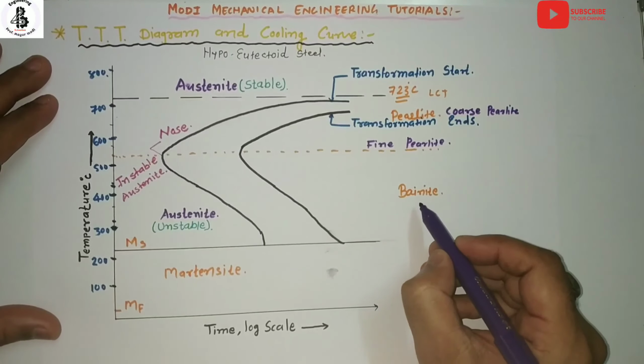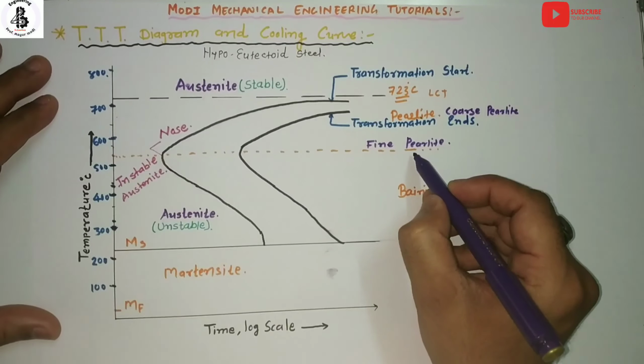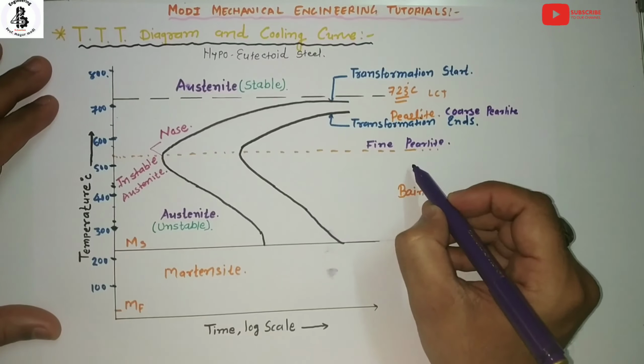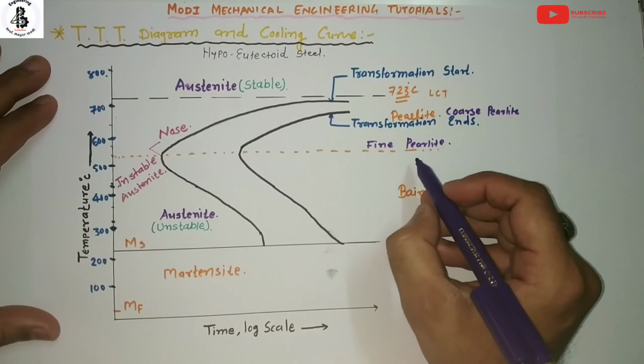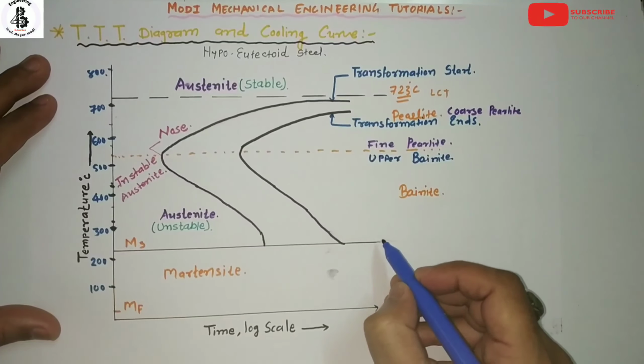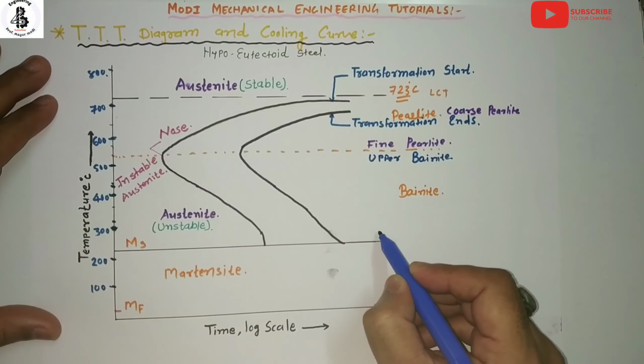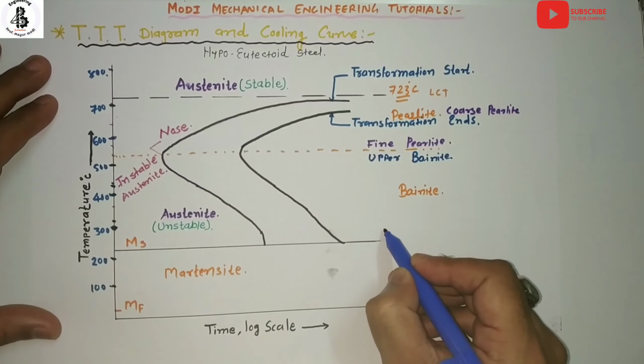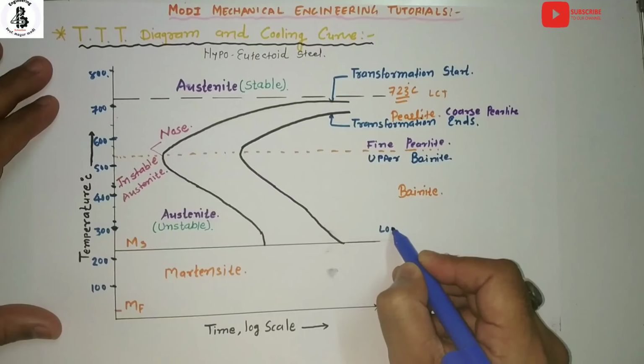Similarly for the bainitic regions, just below 550 degrees centigrade there is the formation of upper bainite, and just above the martensite start line it is known as lower bainite.